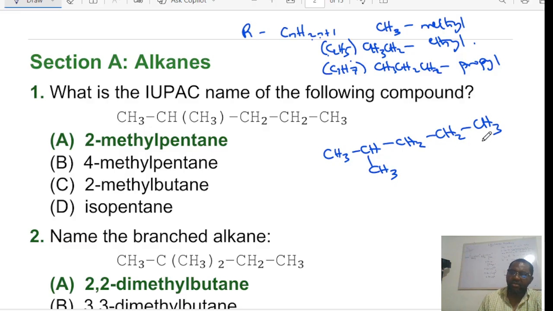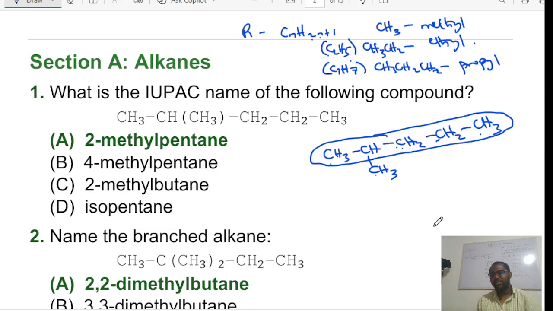So my longest chain here can be 1 2 3 4 5, or I can say 1 2 3 4 5 here. It can be straight, zigzag, L shape, whatever shape. But in this case, it is convenient to pick the straight one, since it is all 5.